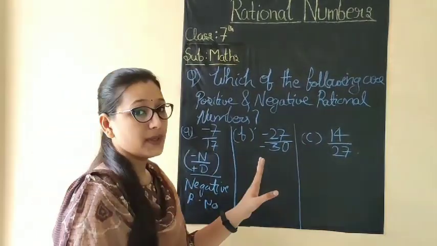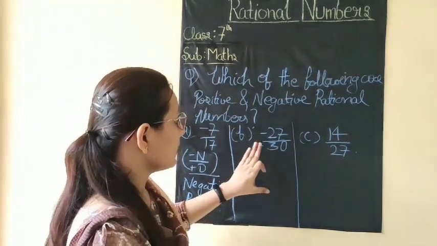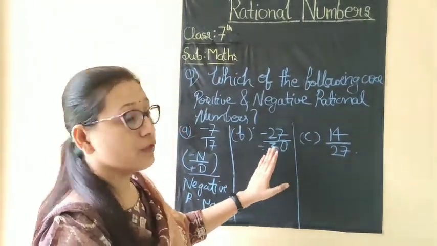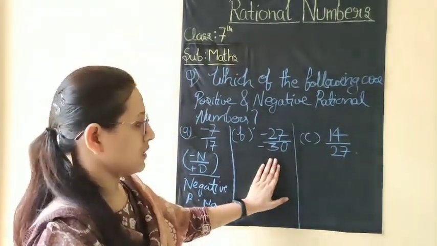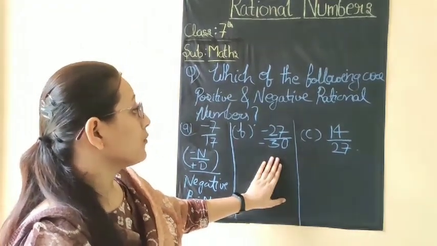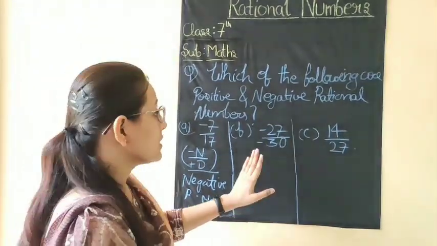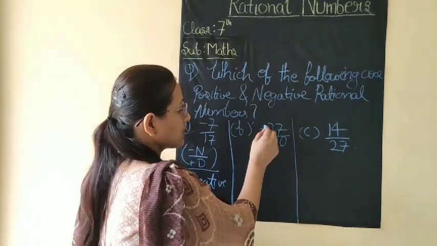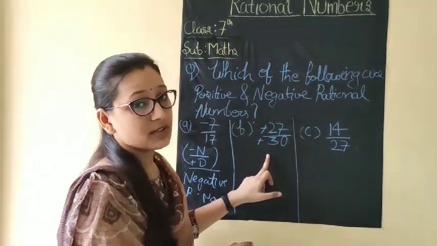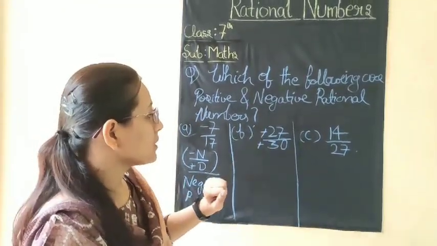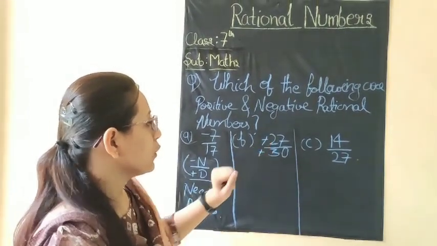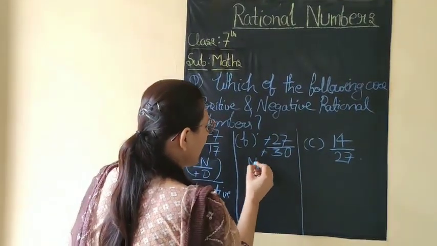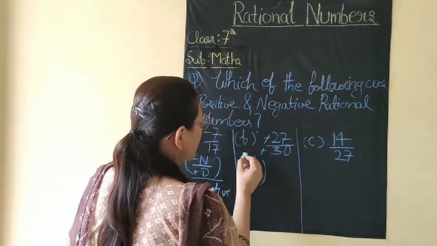Now come to part B. There is a negative sign in both the numerator and denominator. So now what will we do? We just cancel out the sign because both have the same sign. So now the numerator is positive and the denominator is also positive.